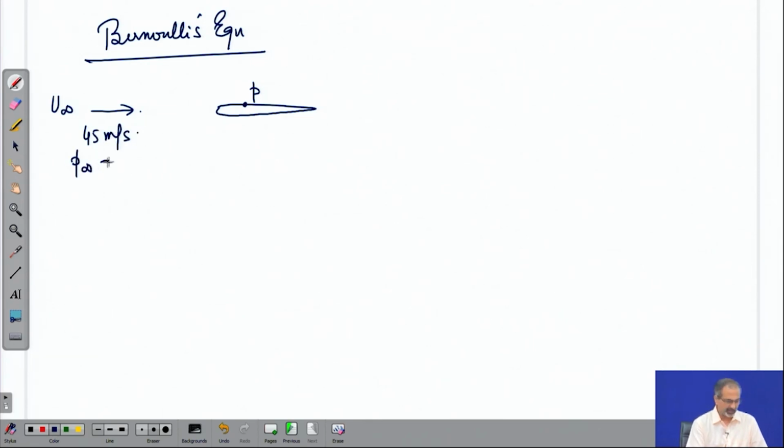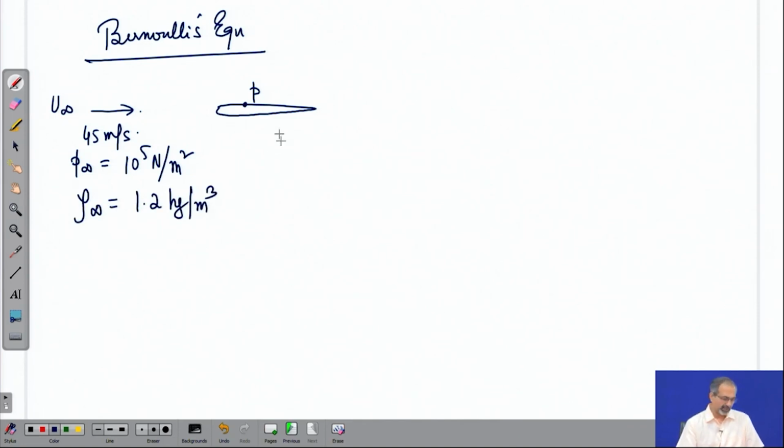The free stream pressure is 10 raised to the power of 5 Newton per meter square. The density at free stream is 1.2 kg per meter cubed, and we record a pressure of 0.9 into 10 to the power of 5 Newton per meter square on the airfoil.